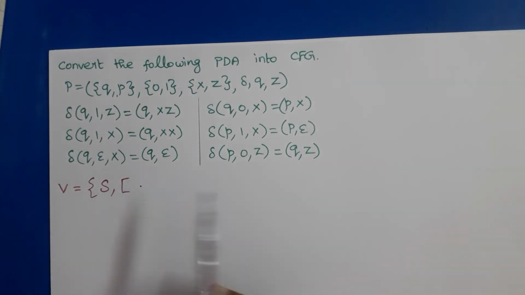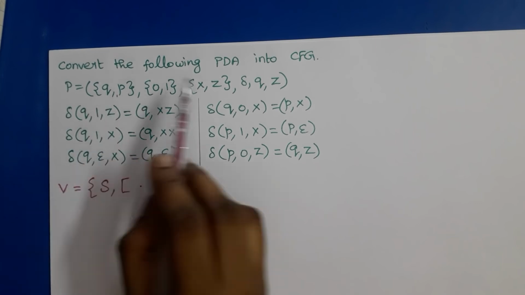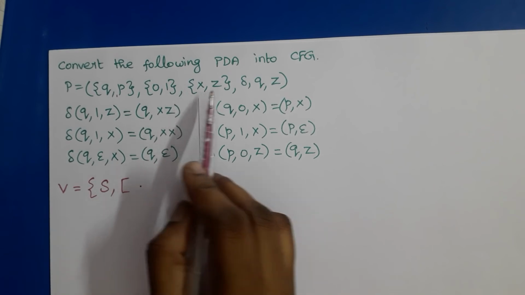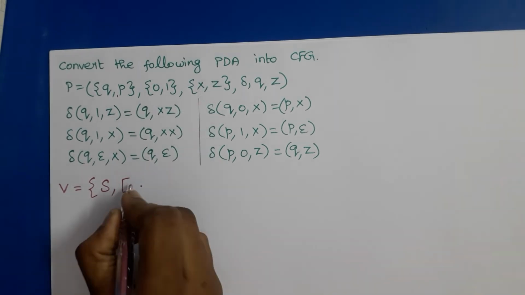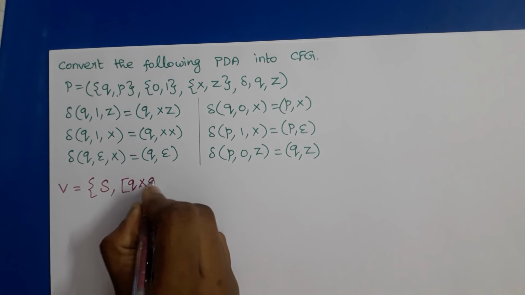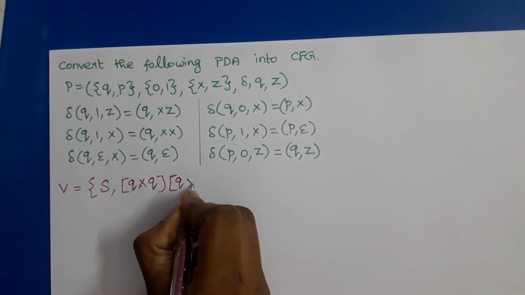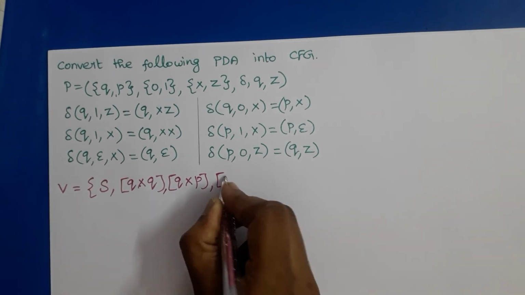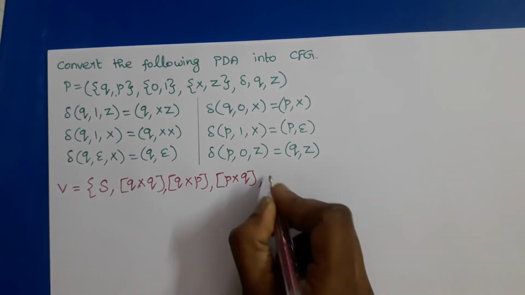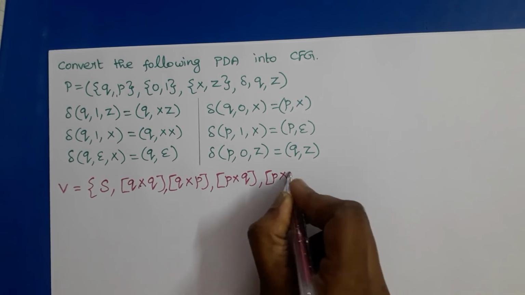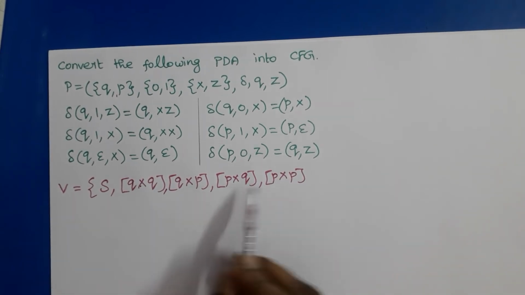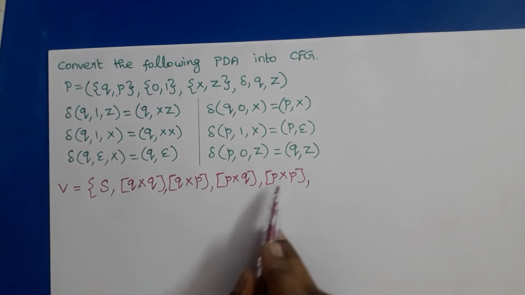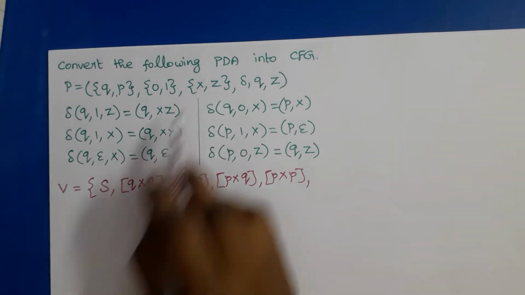So we can get four possible combinations: QXQ, QXP, then PXQ, PXP. There are four variables we can frame by considering X in the middle.